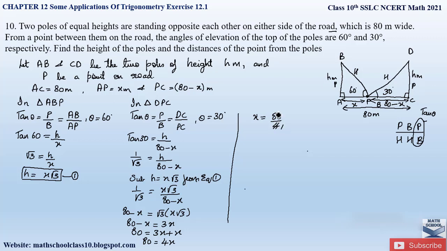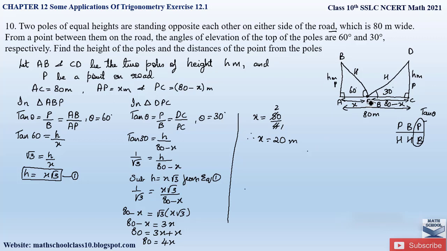So cancelling, 4 2s are 8, therefore x is equal to 20 meters, because the width of the road is given in meters, right? So we got the x value, or the distance between point A to point B.